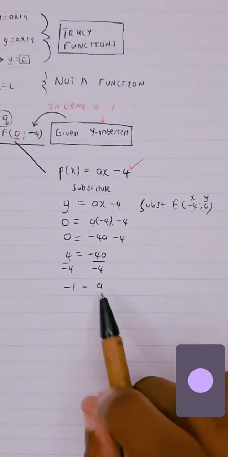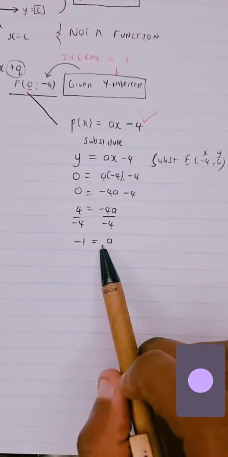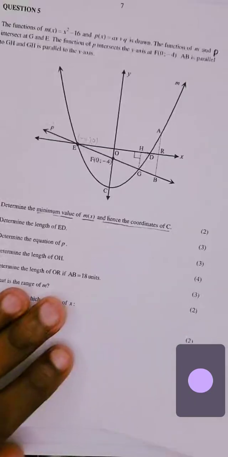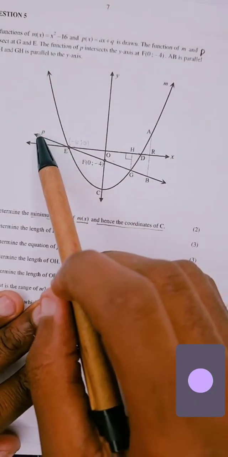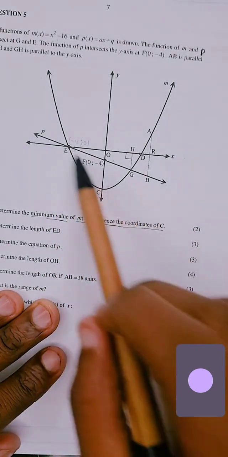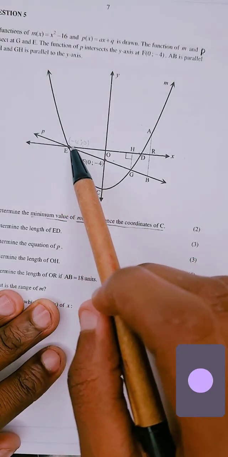Now listen and check this out. This value, we can confirm if it is correct or not. How? Look at the direction and the shape of your straight line. It is a straight line that is decreasing. Y values are decreasing as you go down like this.